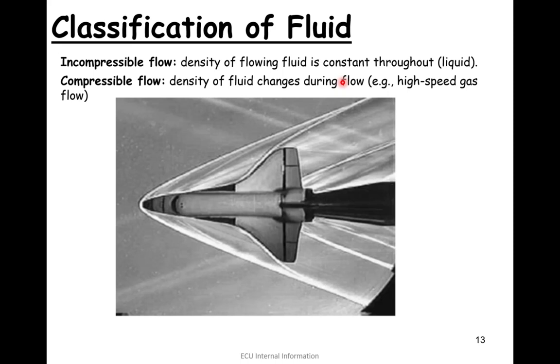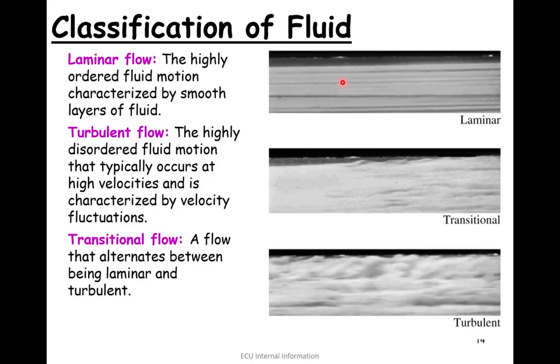That means the assumption is that the density of fluid is not changing with the pressure we're providing. But yes, there are cases that, for example, even in liquid if you provide very high pressure, then obviously the flow may be compressible, which we will look at later on, hopefully with an example in tutorial.